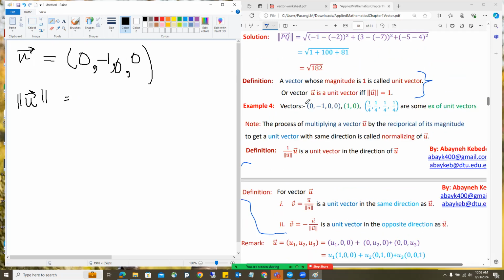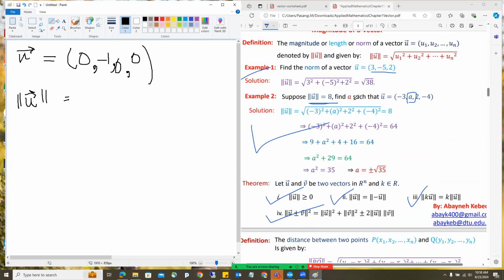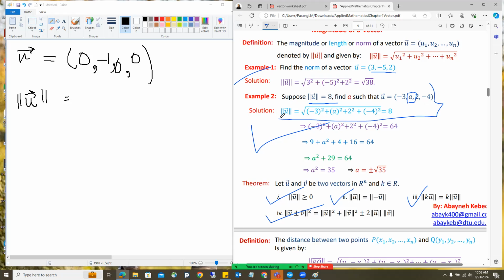We just square all these components. For example, if they have defined vector u as minus 3, a, 2, minus 4, how do we find the magnitude of u? That is minus 3 squared plus a squared plus 2 squared plus minus 4 squared. Is it clear?